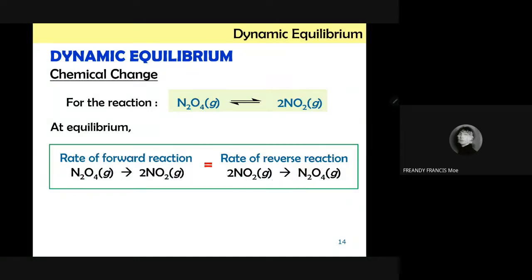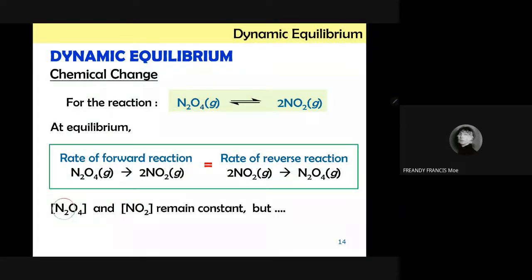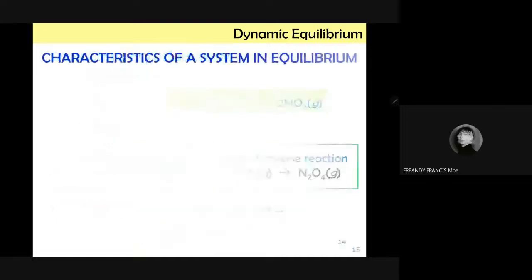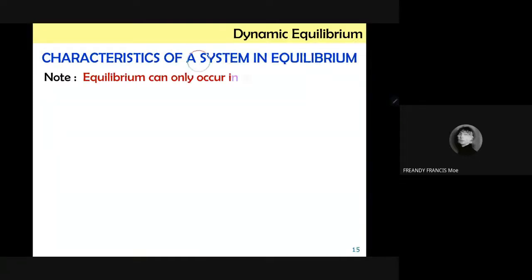Ini adalah reverse reaction, ini adalah forward reaction, di mana concentration of NO2 dan juga N2O4 remain constant. Tapi concentration dia tidak sama. Dan ini adalah ciri-ciri sistem dekat equilibrium yang ini kena hafal.